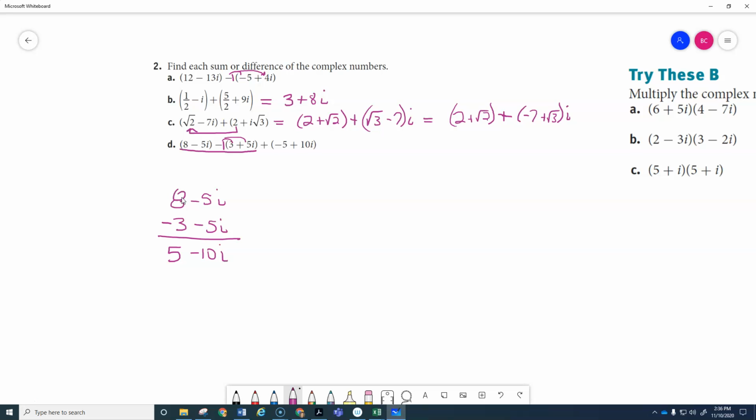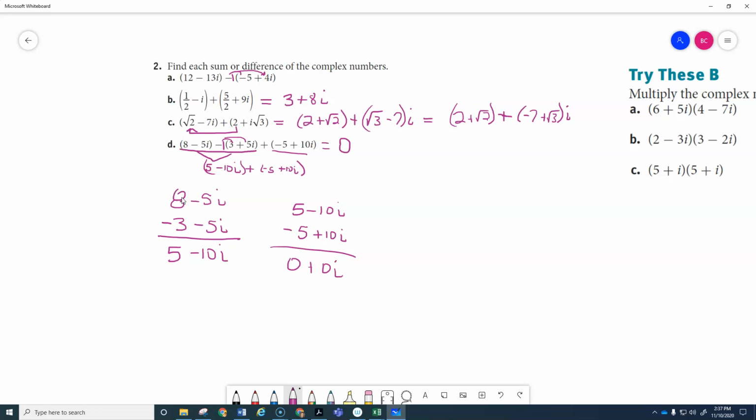So these two right here go together to form 5 minus 10i, and then I'm going to put that together with this one right here, plus negative 5 plus 10i. Okay, so these two need to be added together. So I've got 5 minus 10i from right here, and then minus 5 plus 10i from right here, and that looks like it's going to be 0.